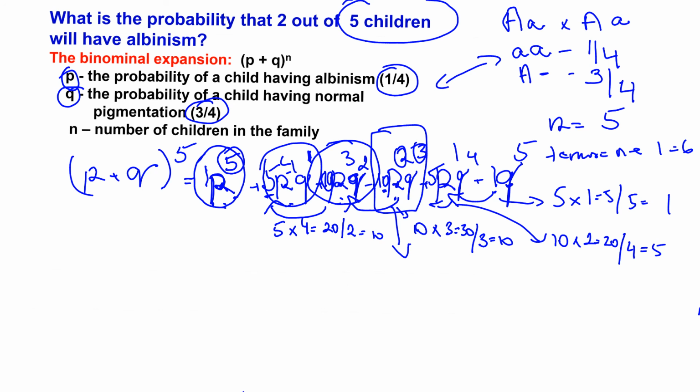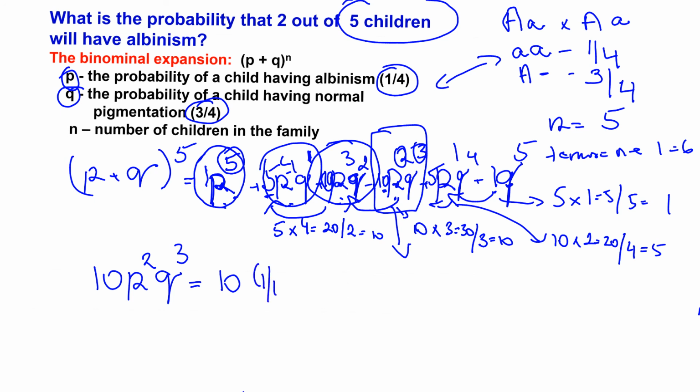P is the probability of a child having albinism, so this probability is 1/4, to the power of 2. Q is the probability of having children with normal pigmentation, which is 3/4 to the power of 3, because 3 children are expected to have normal pigmentation and 2 children are expected to be albino.